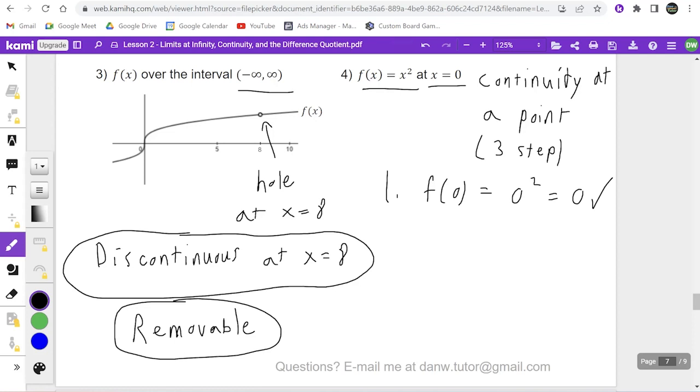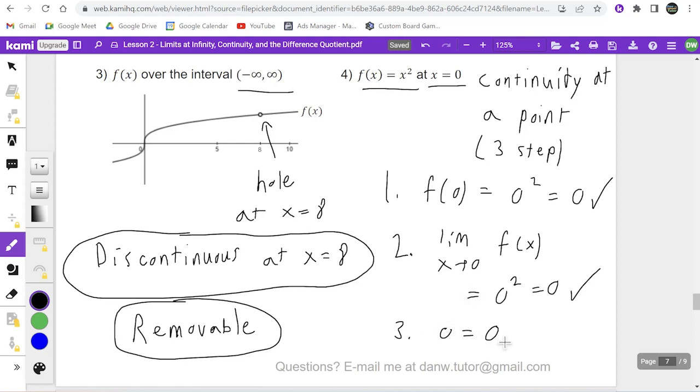And by the way, step 1 should basically always pass, 99% of the time. Step 2, which is the limit, this is where you could potentially run into trouble. So the limit as x approaches 0 of our function. Well, if you look closely, you can do direct substitution because there's no problem with plugging in 0 here. So 0 squared is 0, check mark, limit exists. Great. Step 3, does the value of the function equal the limit?